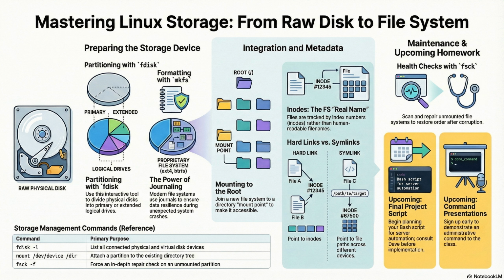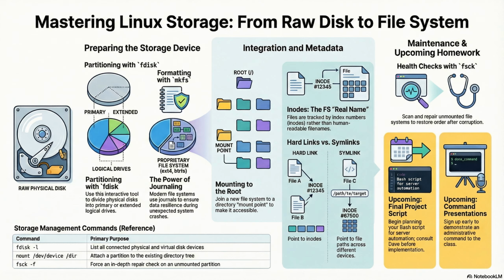You see things like 1308645 anaconda-ks.cfg. So that number, 1308645, that is the real identity of the file. That is the file. That number points to a data structure on the disk that says, okay, file 1308645 lives on these specific sectors, it has these specific permissions, and it is owned by this specific user. And the file name anaconda-ks.cfg is just a sticky note pointing to number 1308645.